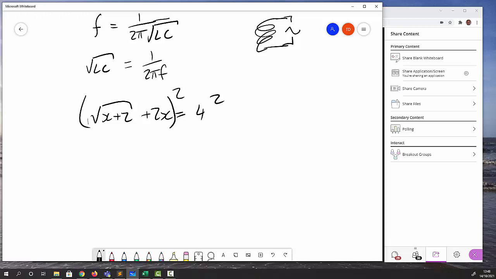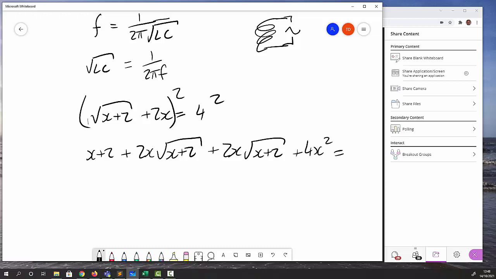This side is nice and easy, that's just 16, but look what happens when we try to square this. I get this squared, so that'll be x plus 2. Then I get this times this, so plus 2x square root of x plus 2. Then that times that, so there are 2 of those, plus 2x times the square root of x plus 2, and then the 2x all squared, so it's 4x squared equals 16.